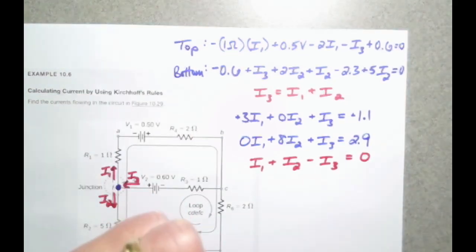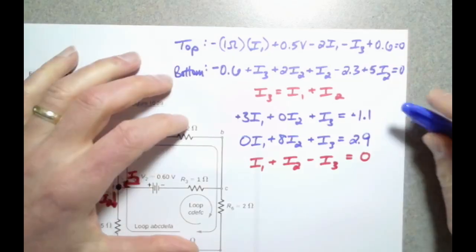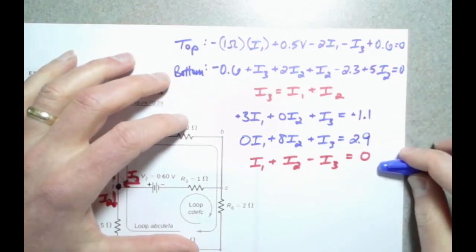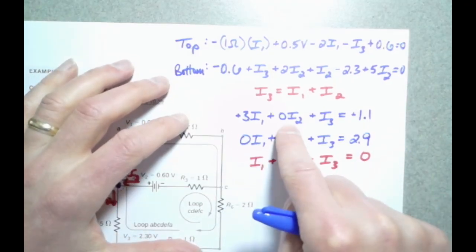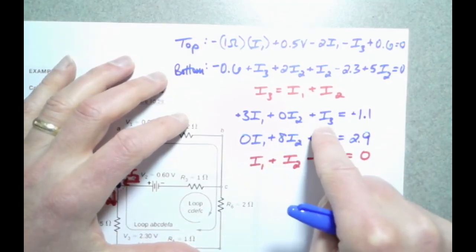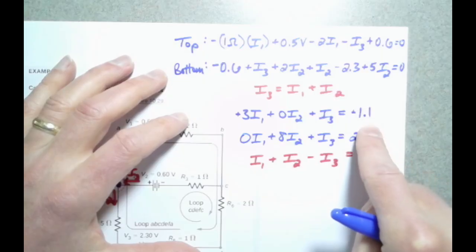Okay, so notice that each one of these equations is now in this exact same form. I have something times I1 plus something else times I2 plus something times I3 equals whatever the constants are.